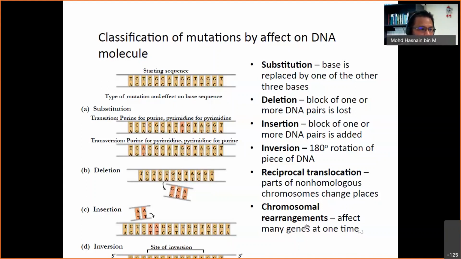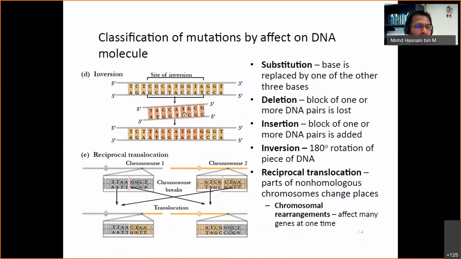And then you can also have chromosomal rearrangement in which one segment moves to another part of another chromosome. So you can have different types of changes that can occur.